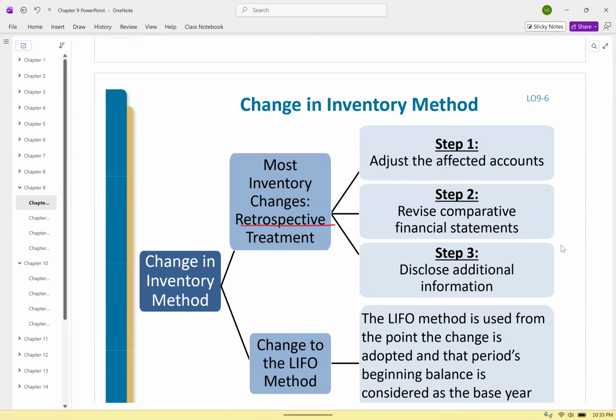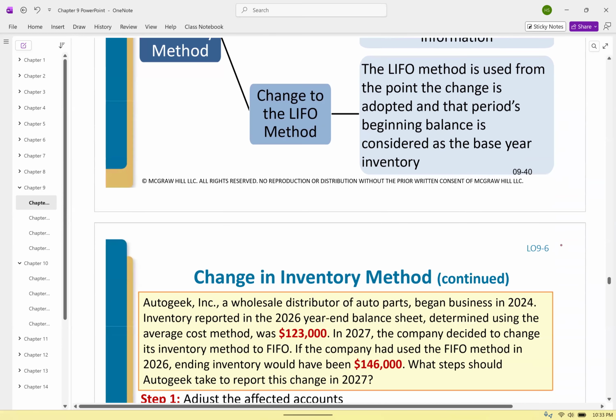Retrospective means going back and restating financial statements just like you had been using that inventory method all along. When we change to LIFO, though, it is very hard to do that. So we just adopt that in the beginning balance, and then we consider that the base year and move forward. They call that prospectively.